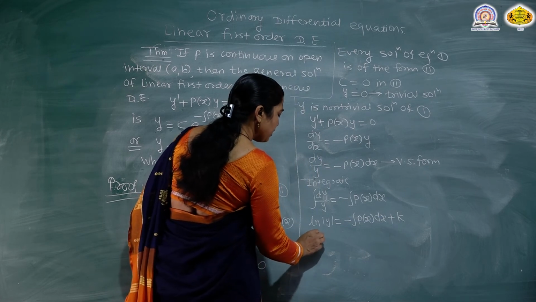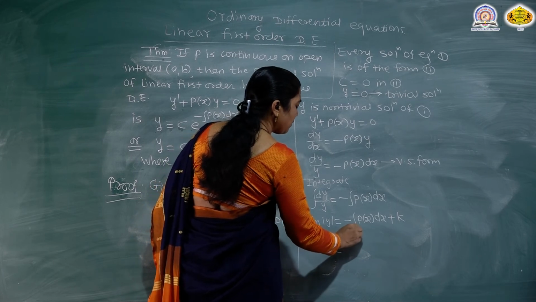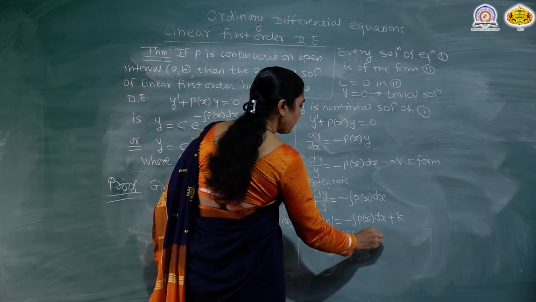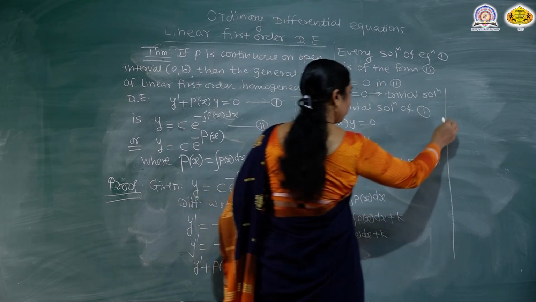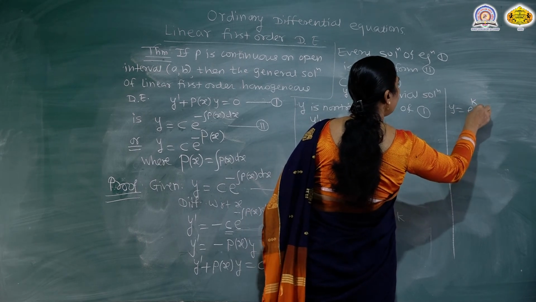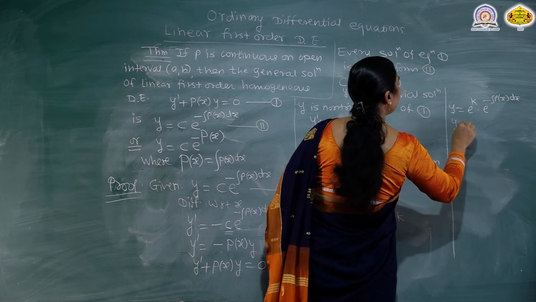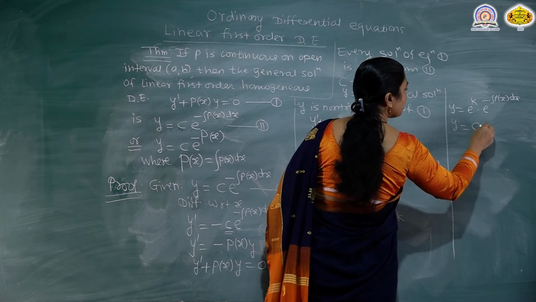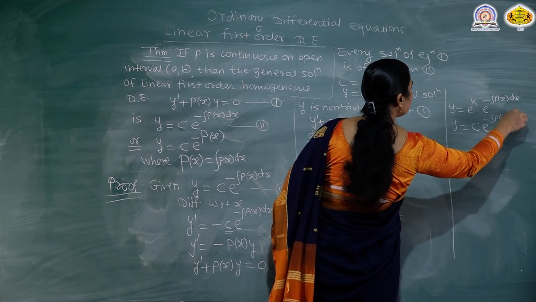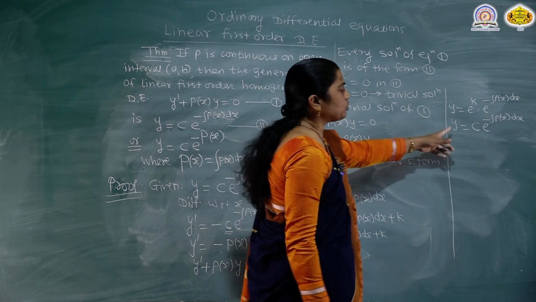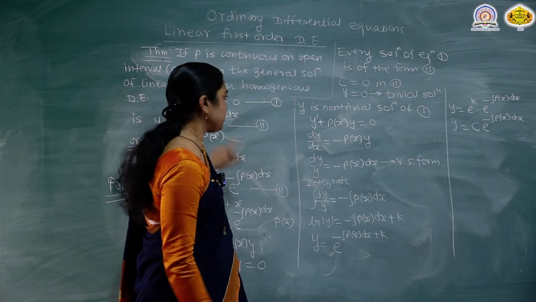So mod y is equal to e raised to minus integral px dx plus k, or y is equal to e raised to k into e raised to minus integral px dx. We take this as a c, e raised to k is some constant, suppose c, so c e raised to minus integral px dx. So the non-trivial solution is of the form y is equal to c e raised to minus integral px dx.